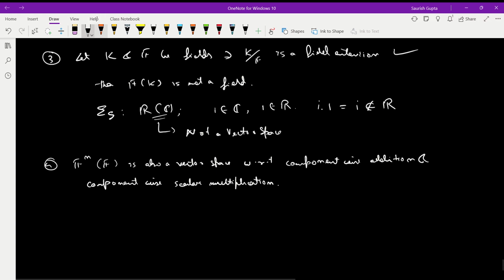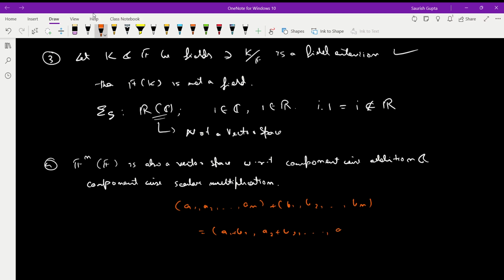Suppose you have (a1, a2, ..., an) in F plus (b1, b2, ..., bn) in F, then that is nothing but (a1 plus b1, a2 plus b2, and so on till an plus bn) in F. That's component-wise addition. Component-wise scalar multiplication is, if you have c from F, then c times (a1, ..., an) is nothing but (ca1, ca2, ..., can).